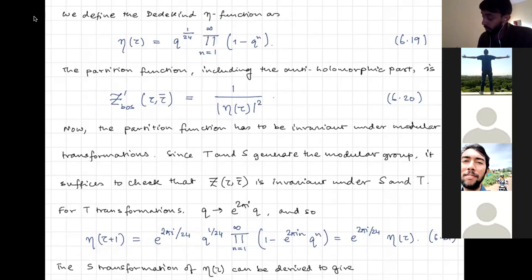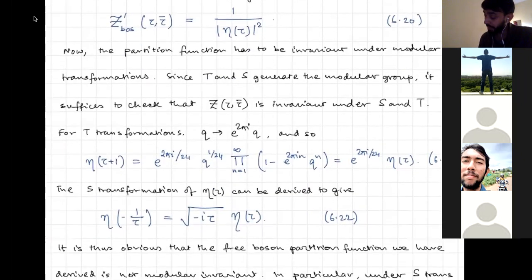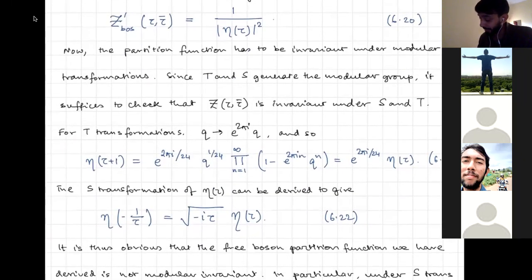Okay, so as it stands, this function eta is not invariant. Okay, so it's not invariant under the T transformations. You can also find out what the S transformation is, and then what you're going to get is this factor in front.